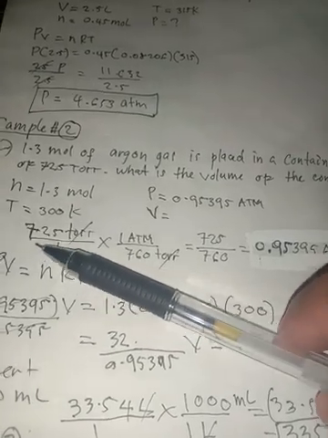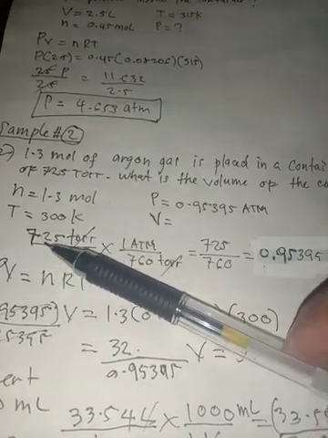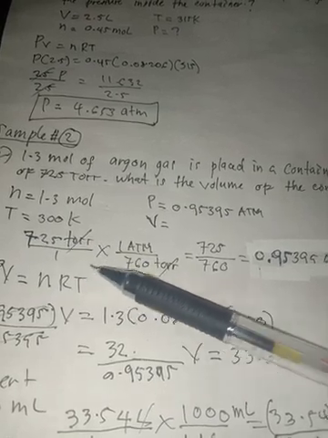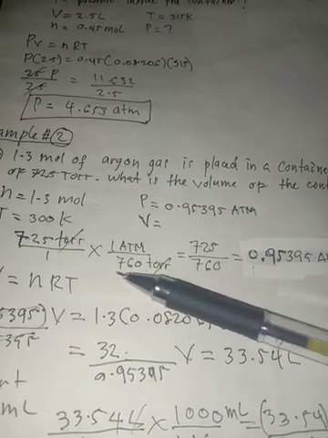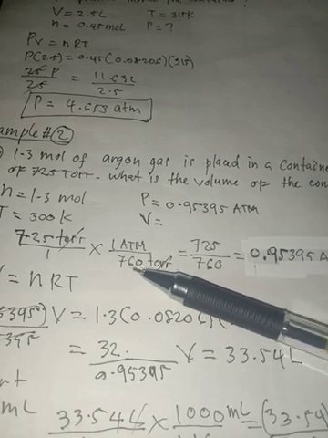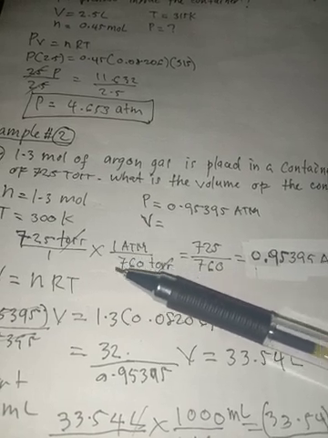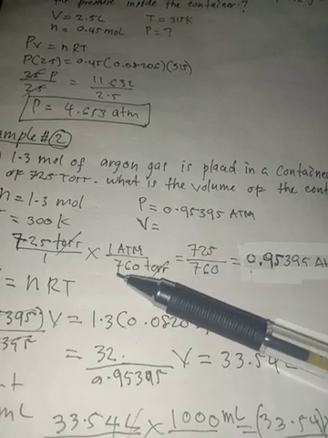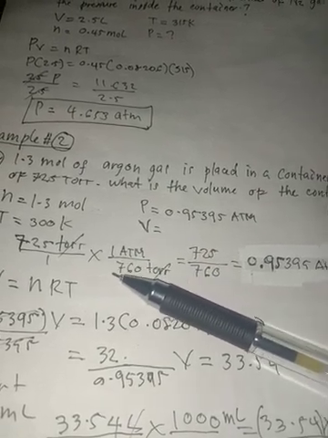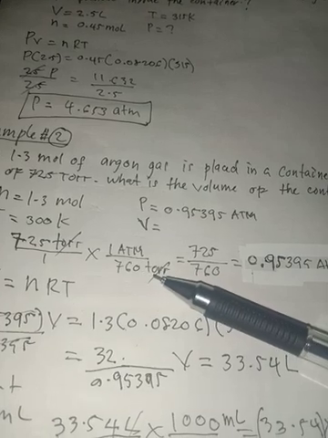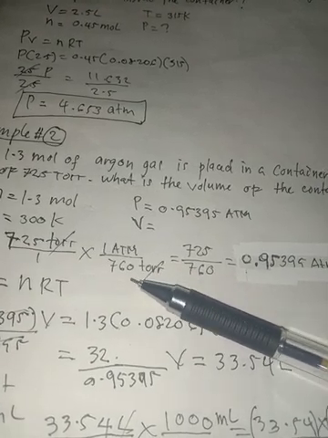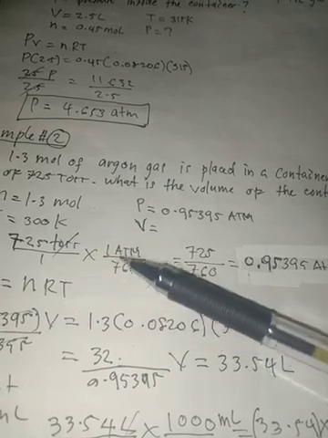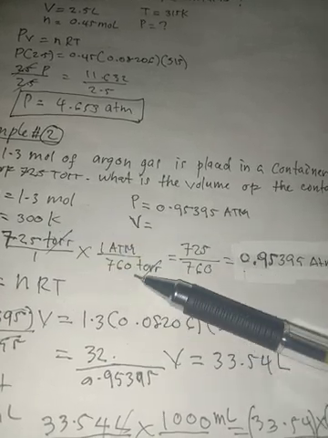To convert this 725 torr, we are going to write down the conversion. 1 atmosphere is equivalent to 760 torr. So now the torr unit cancels, then we are going to multiply.